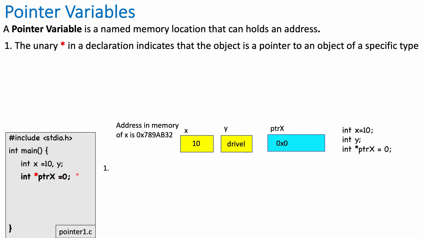So in memory, after these two statements have been executed, we're going to have a variable x with the value 10. We're going to have an uninitialized variable y, so it's just going to be considered garbage. And we're also going to have a pointer variable, pointer x, which has the value 0 at this point. It's very important when you create pointers to assign them the value 0.